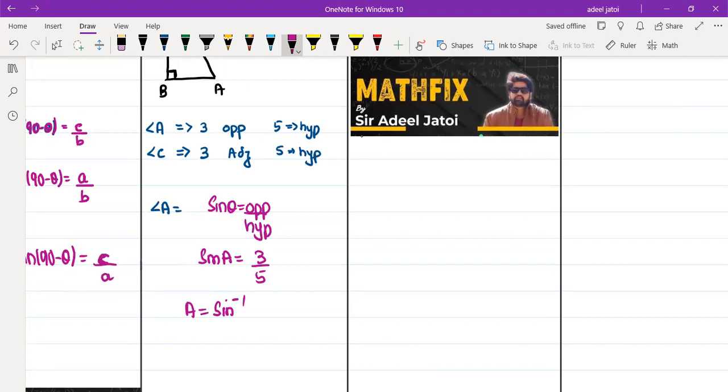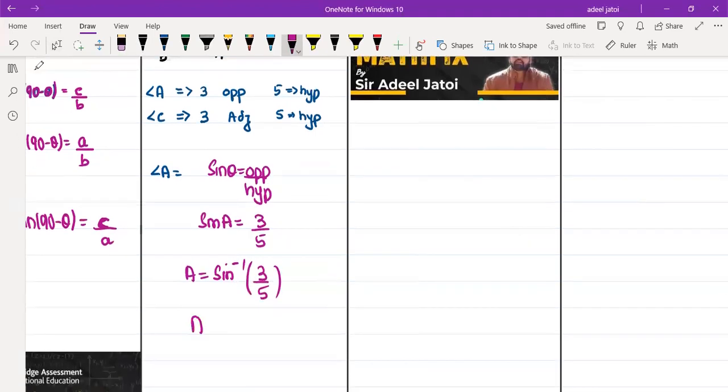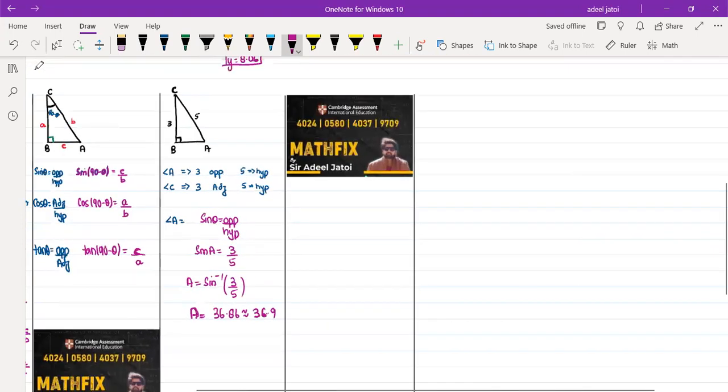Whenever I need to find A, I will use shift sine, so the sine moves to the other side and becomes sine inverse. Then we apply sine inverse to 3 upon 5. The answer is 36.86, which will be corrected to 36.9. So the answer for angle A is 36.9.